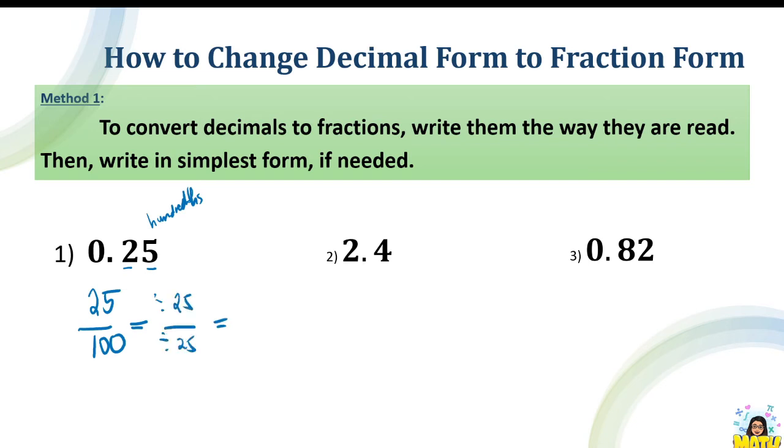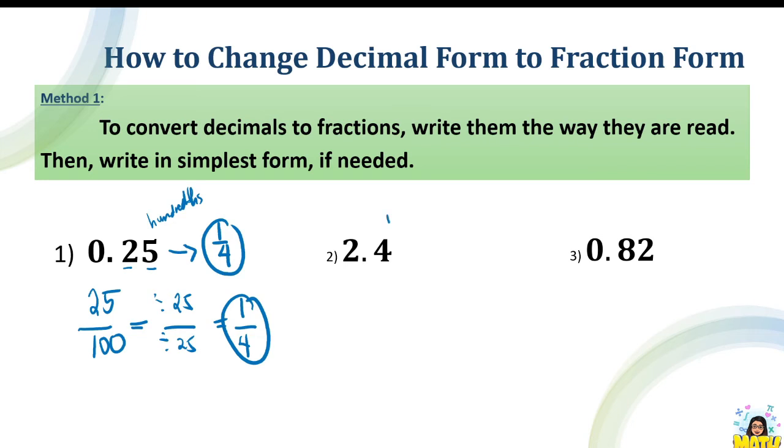So 25 divided by 25 is 1. 100 divided by 25 is 4. We have 0.25 converted into fraction, that is 1/4. Number 2, we read 2.4 using the place value chart.